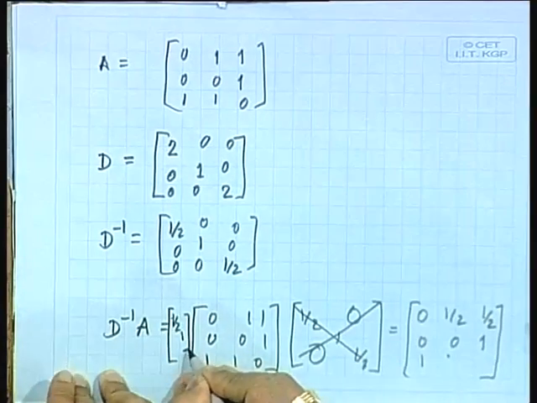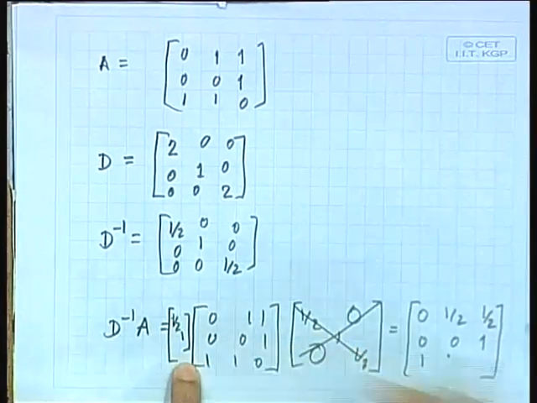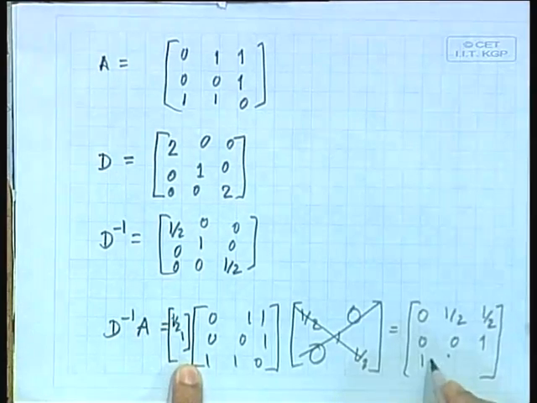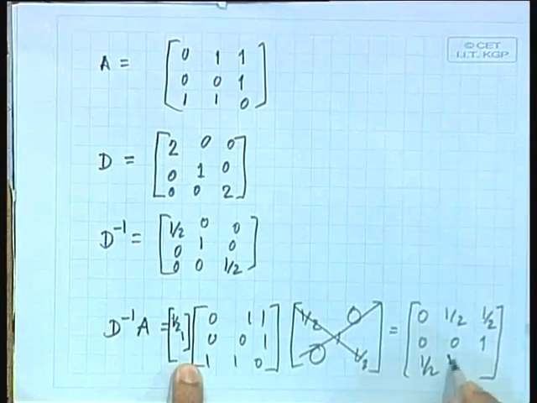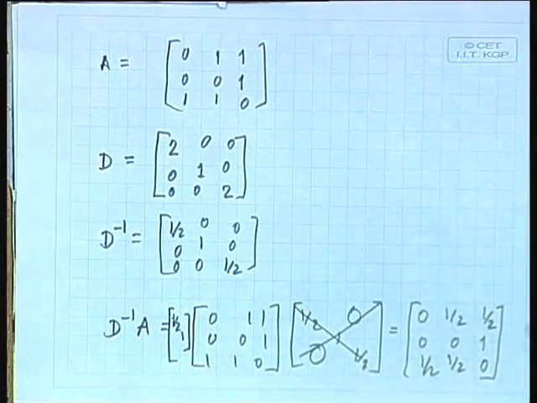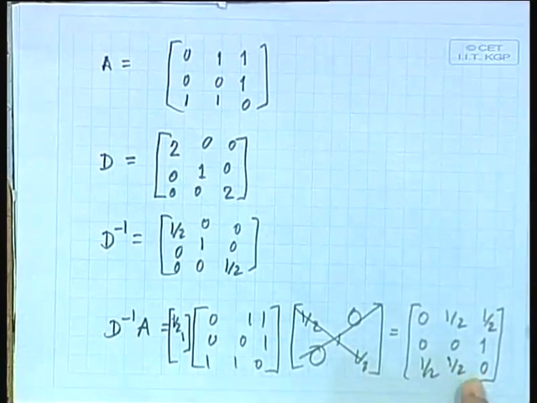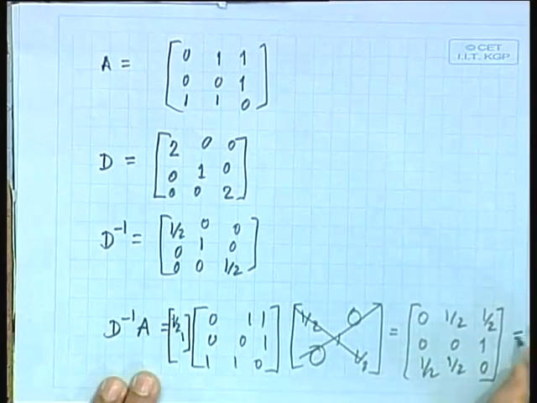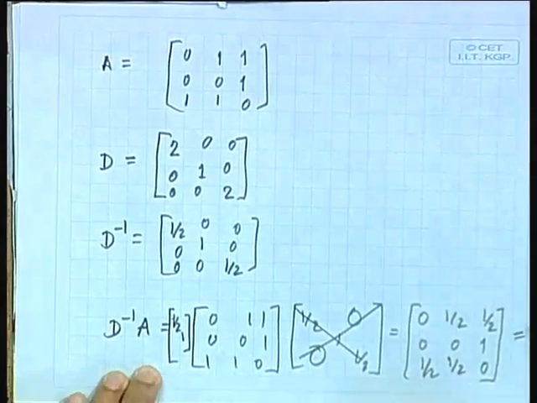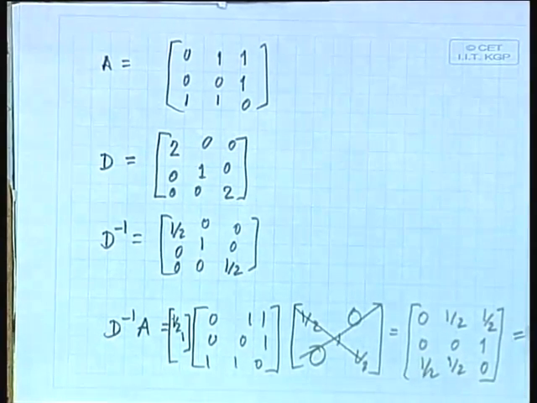Yes, the diagonal matrix is coming here. So, after doing this multiplication, check if this is what you get. Okay, so you get this. This is nothing but the transition matrix, which we will represent as M.